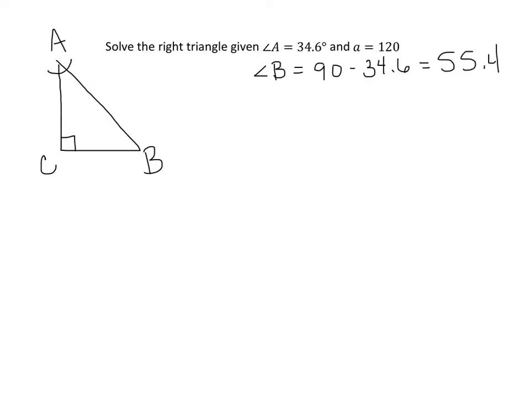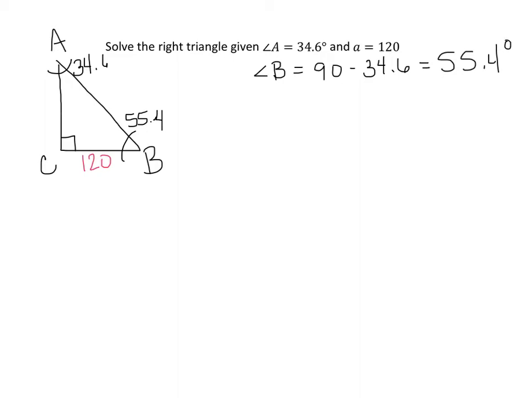This makes this 34.6. It makes B 55.4. I was also given that side A is 120. So this is where you have to remember that side A is opposite angle A at 120. When we're solving this right triangle, it means we need to find all of the missing sides. We already found angle B. That's 55.4 degrees.